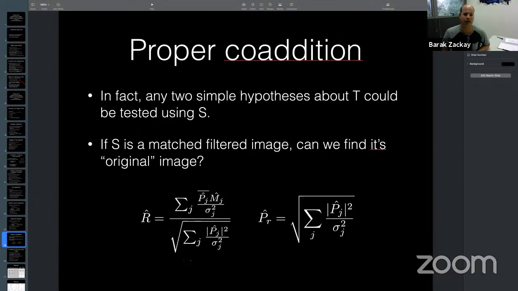And if we really want to go extra, we can try to make this a proper image. So that you can give a guy this image, and he doesn't need to know the history of how you created it. He says, it's a fantastic image. It has a standard deviation of 1 in all the pixels.